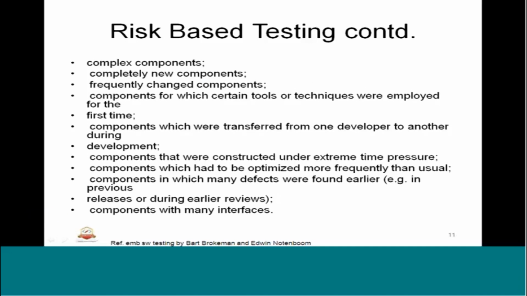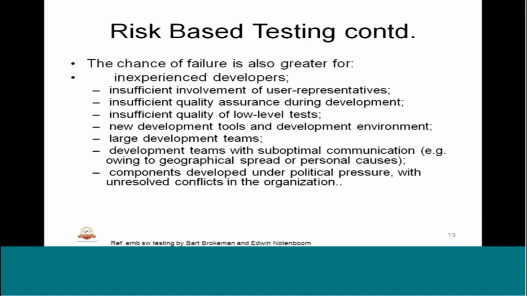So the chance of failure is also greater for inexperienced developers, insufficient involvement of user representatives, insufficient quality assurance during development, insufficient quality of low-level tests, new development tools and new development environment also is a risk. Large development teams where segregation is very difficult and interaction of different teams also is a risk. Development teams with suboptimal communication, for example, owing to geographical spread.